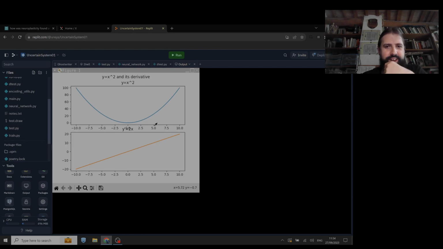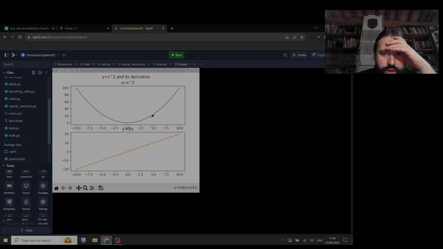This is y, this is x, what am I doing? So let's say that my x is 5, right? And that gives me 25. Anyway, I want to minimize that, right? So the thing is, how do I have to modify x, right?